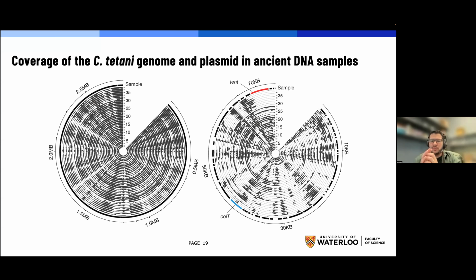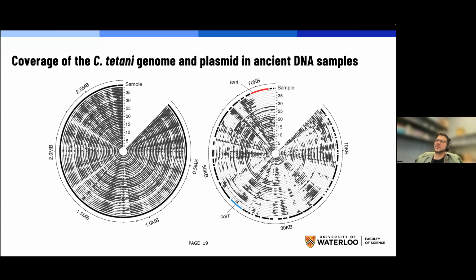So the first thing that we wanted to do bioinformatically is verify that these k-mer-based taxonomic predictions were real or genuine, that we could find additional evidence of C. tetani within these samples beyond just short fragments.